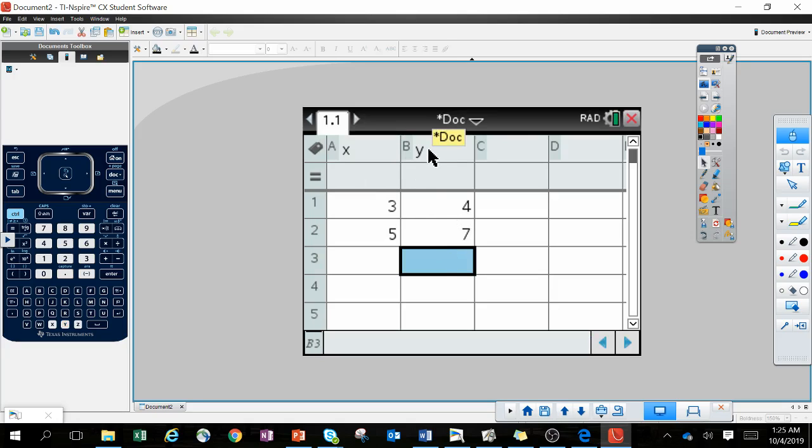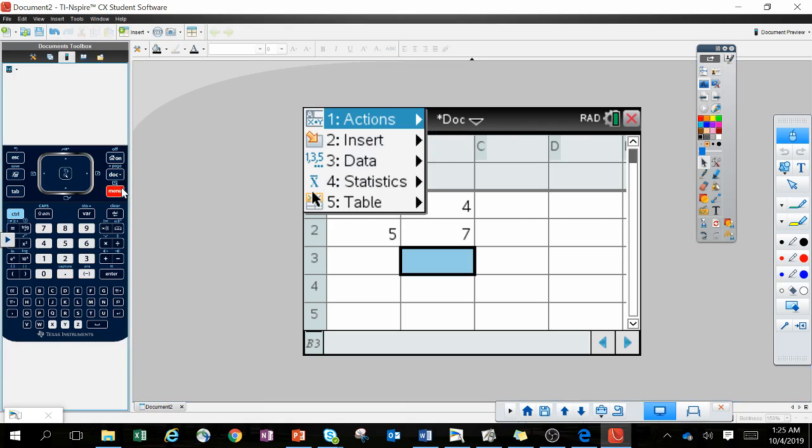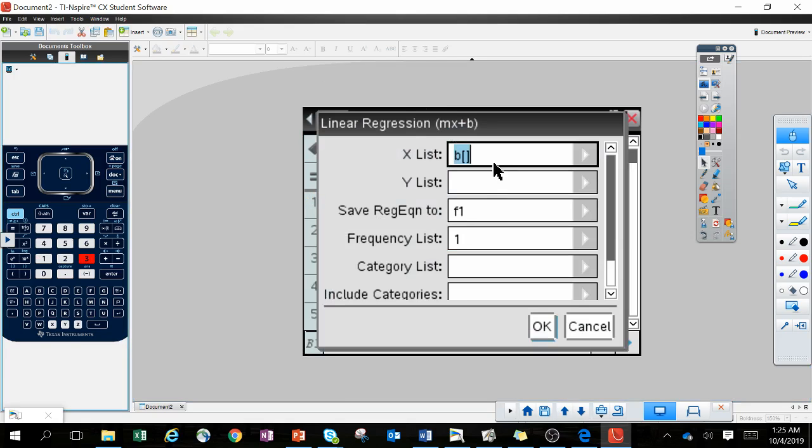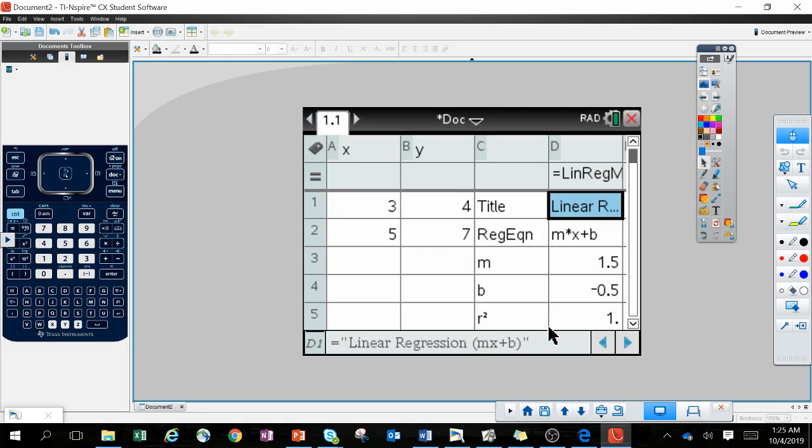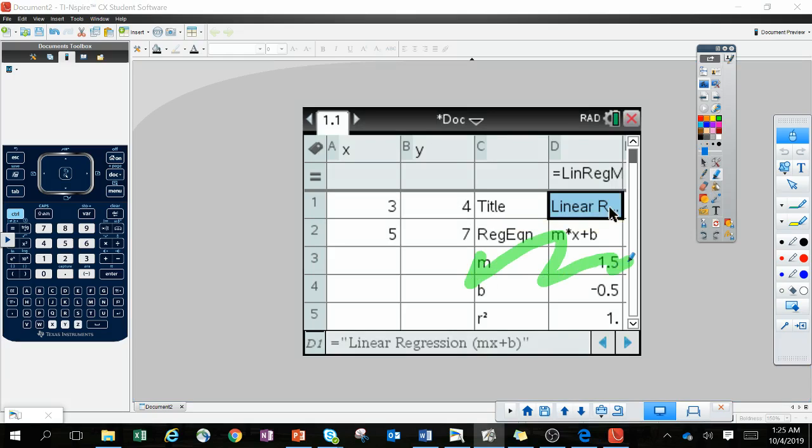My bad, y'all. We're supposed to label y. Okay, so menu, 4, 1, 3. So from here we're going to click on our x values. Okay, click on y values, keep everything else the same. Okay, bam. Right here is our slope, 1.5, and our b, minus 0.5. All right, that's it for me. Good luck.